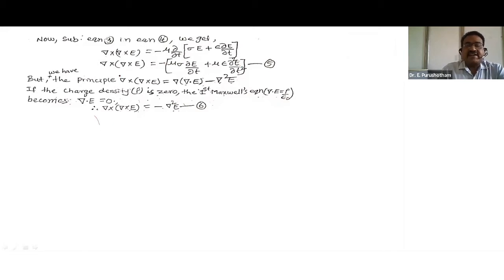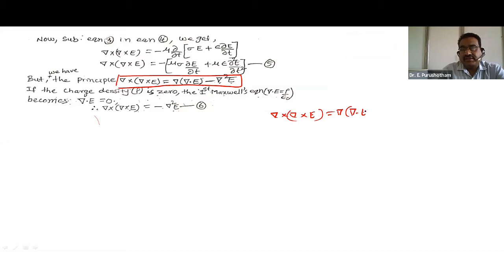But this is the standard principle: curl of E is equal to del into del dot E, the divergence of E, minus del square E. You remember this principle.